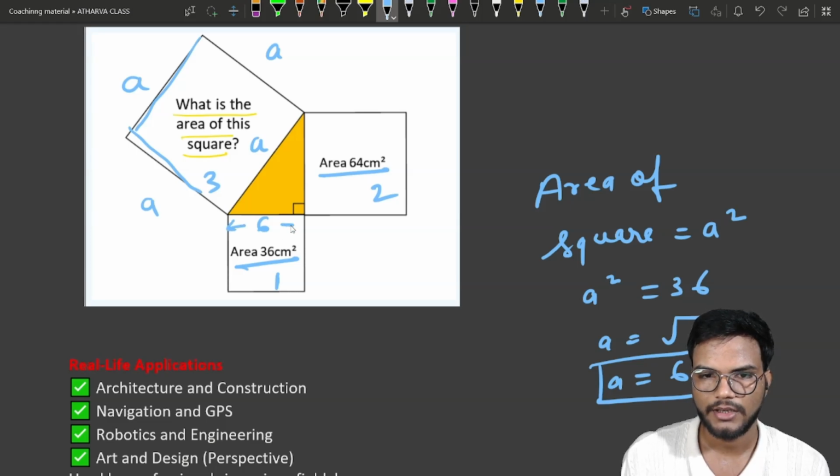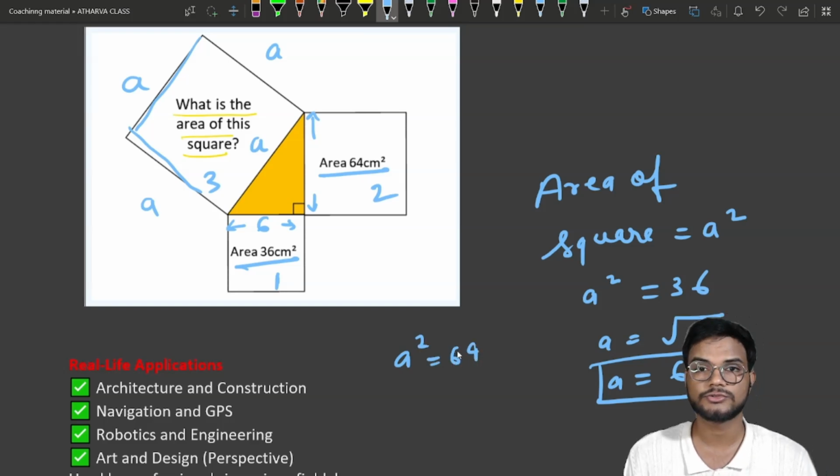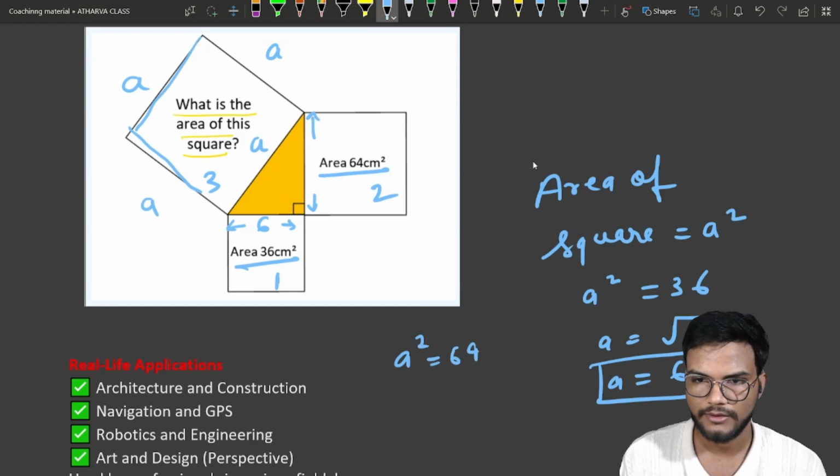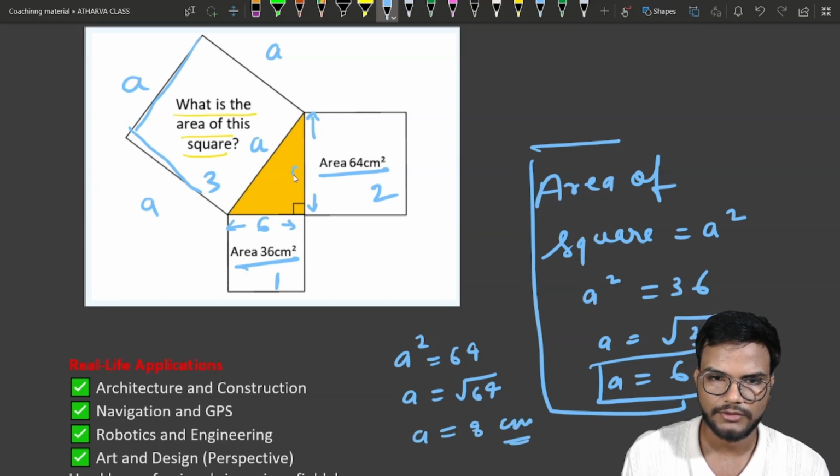Okay, now for square 2, if you want to find the side, you just need to do the same thing. If the area is 64, then you can say a square is equal to 64, right? We have already done this in a similar way. So if it is 64, now tell me what you will get, the root of 64, and you will get 8. 8 centimeter will be the side of this one. So this is 8 and this is 6.